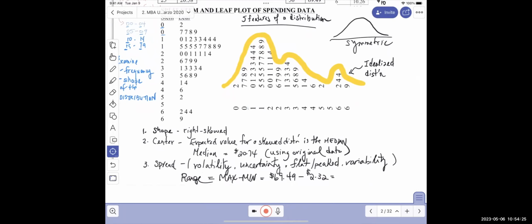Oh, so you just did it. So 67.17. So that tells you the overall spread of the data. Like $70 in variability, right?